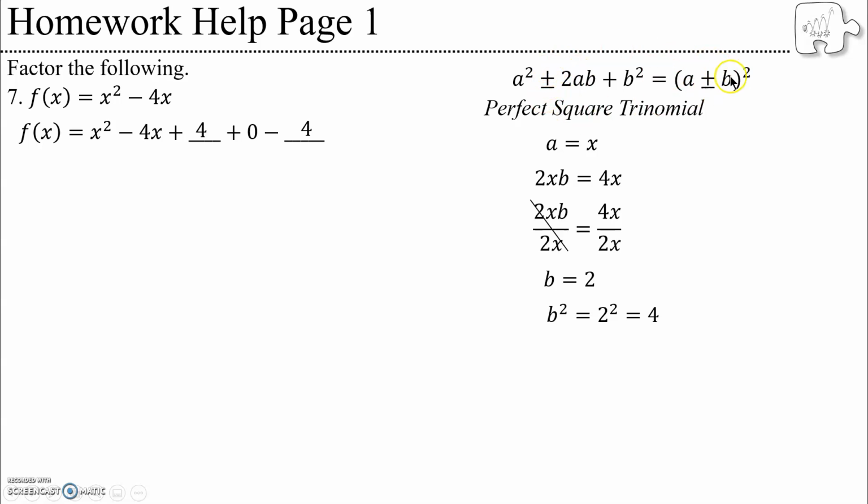If this is a plus, then this is a plus. If this is a minus, then this is a minus. So we see here that it's a minus, so it'll be a minus b. A is x, b is 2. So it'll be x minus 2 squared. And 0 minus 4 is minus 4.